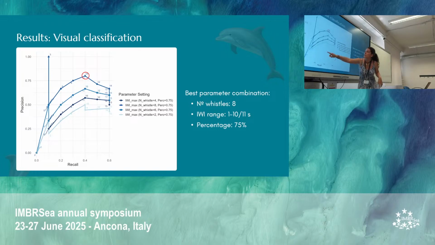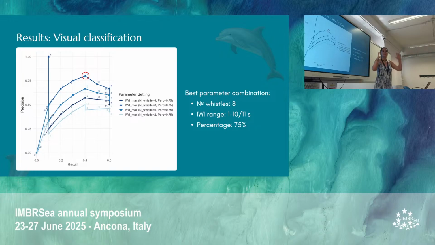And then each point would be the upper limit of the inter-whistle interval range. And the percentage threshold for each of the inter-whistle interval ranges is always fixed at 75%.